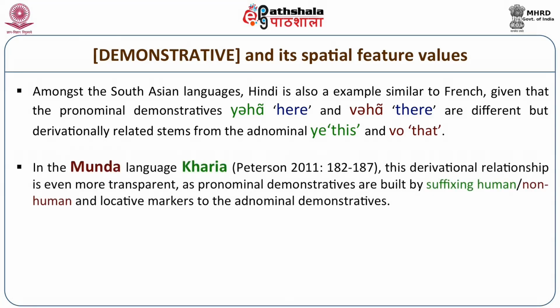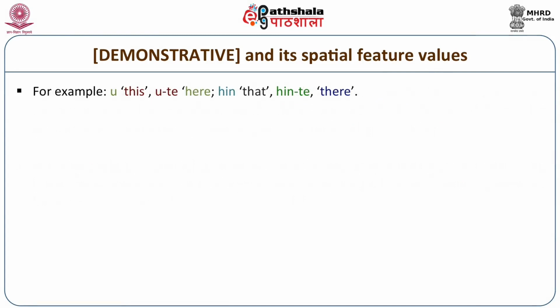In the Munda language Kharia, from the work of Peterson, this derivational relationship is even more transparent, where pronominal demonstratives are built by suffixing human, non-human, and locative markers to the adnominal demonstrative. For example, u is this, ute is here, hin is that, and hinte is there.